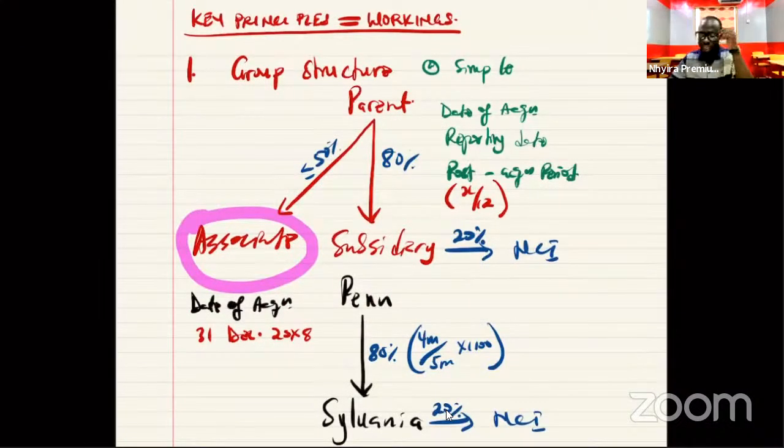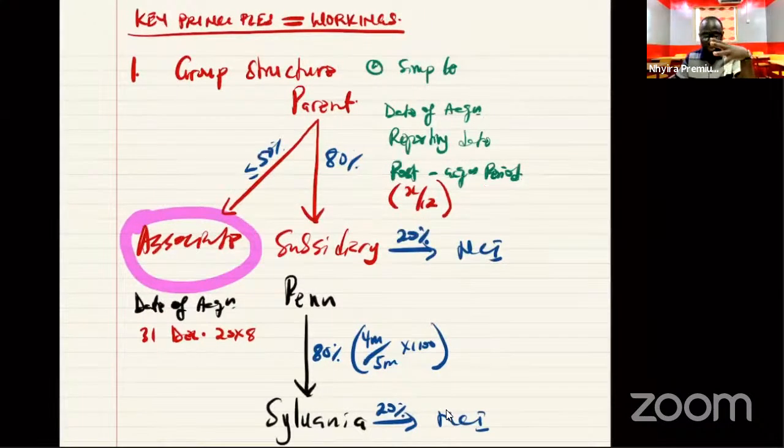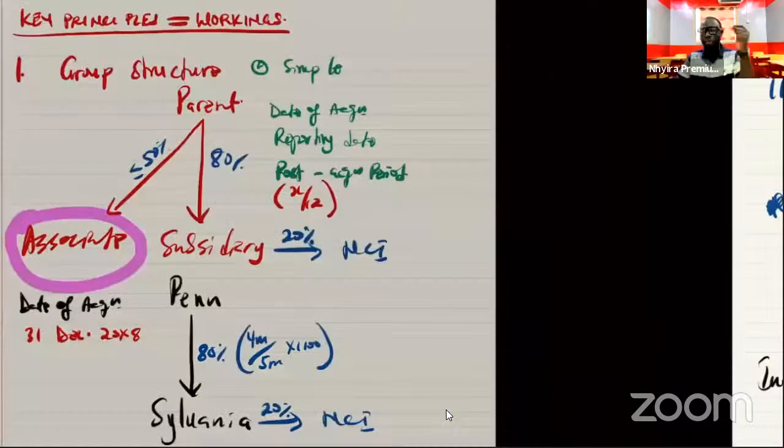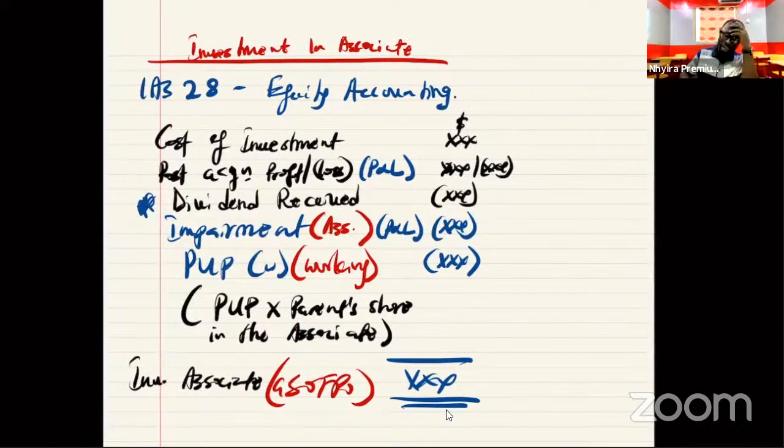Remember, like I said, in getting the group structure, we are looking at the date of acquisition, the reporting date, the post-acquisition period. Not only that, if there is an investment in associates, we're going to be using the equity accounting, and we're going to be accounting for that respectively in that case. So that is workings one.